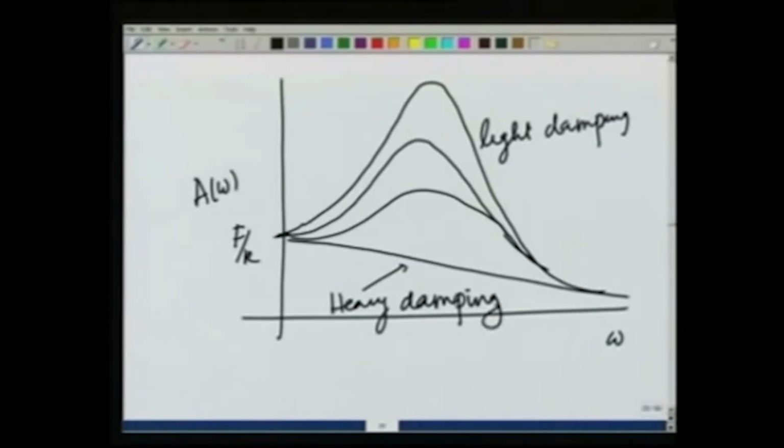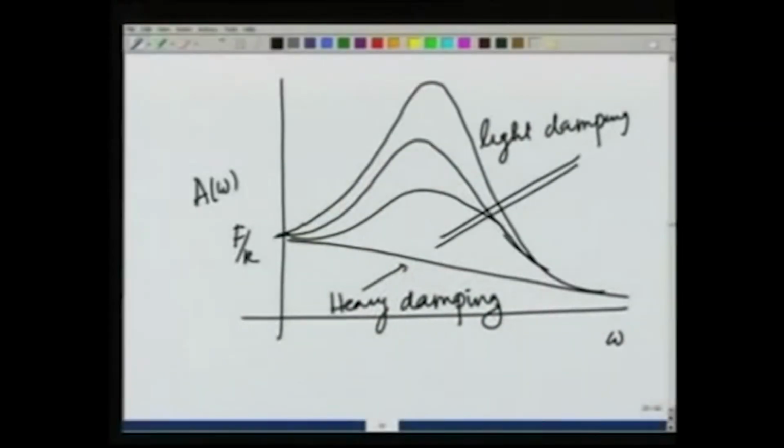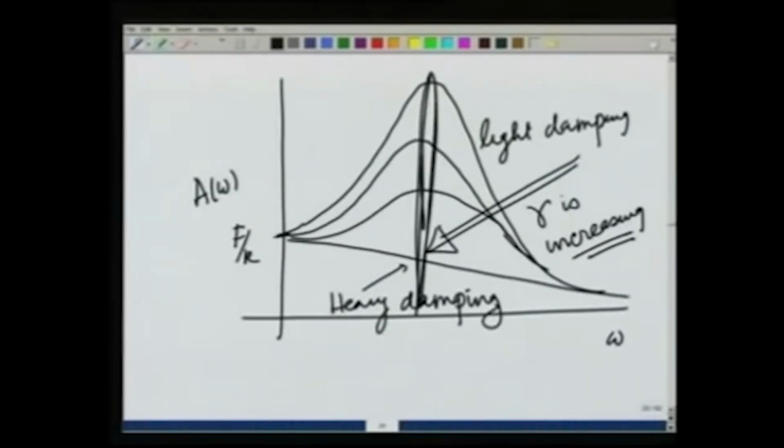Nonetheless, the system does oscillate even in the case of heavy damping when subjected to an oscillating force. I can say that in this direction gamma is increasing. So, in the light damping case, I do have a resonance at this point omega 0, which really reflects that the amplitude becomes maximum at that point.